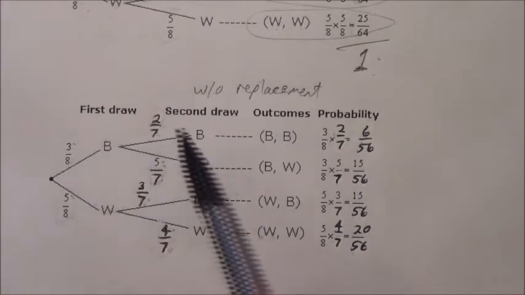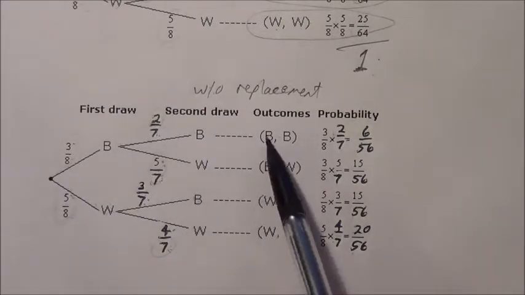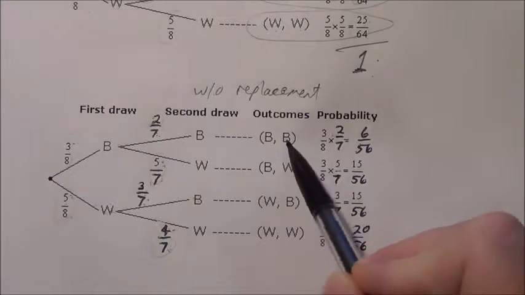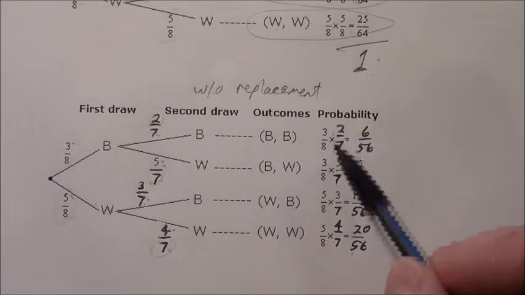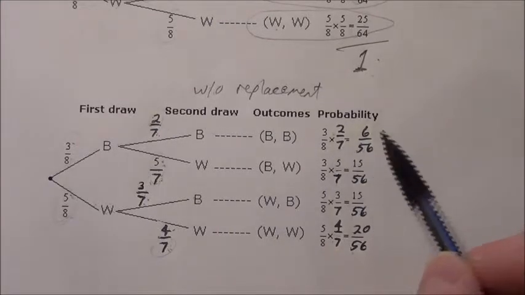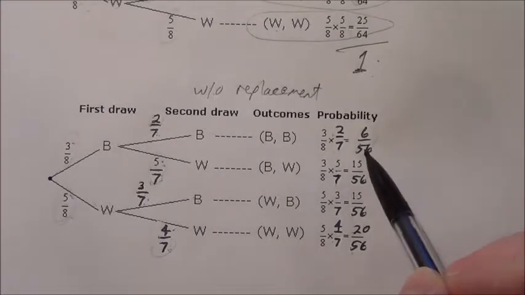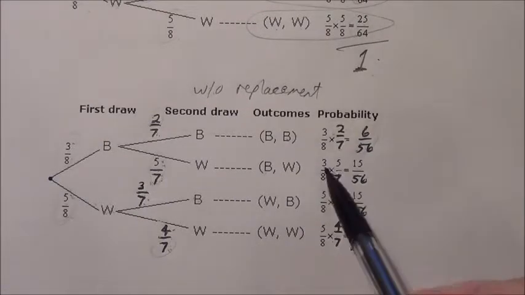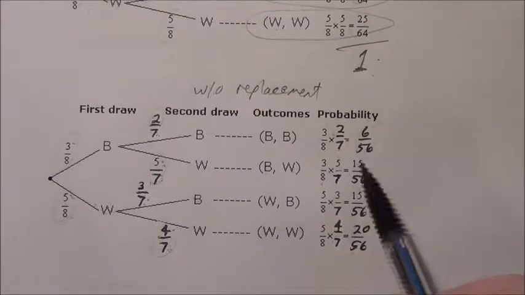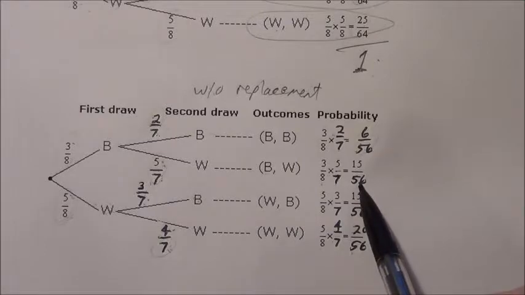So then if we follow along the branches, a black marble followed by a black marble being drawn out of the bag gives us a probability of 3/8 multiplied by 2/7, and that gives us 6/56. Then a black marble followed by a white marble is 3/8 multiplied by 5/7, which is 15/56.